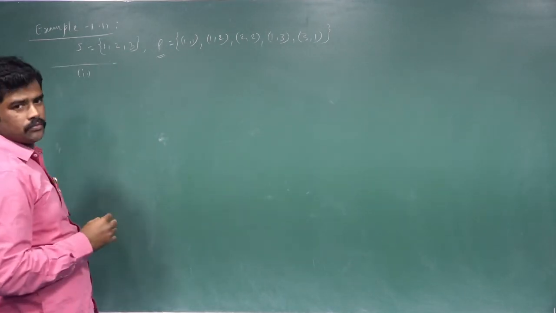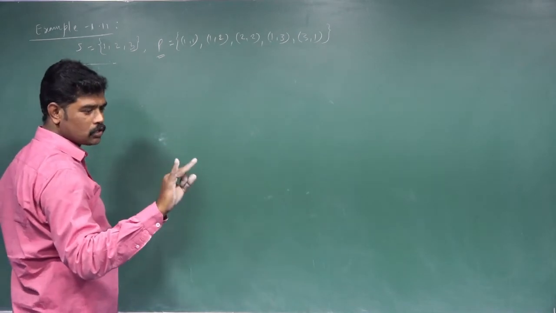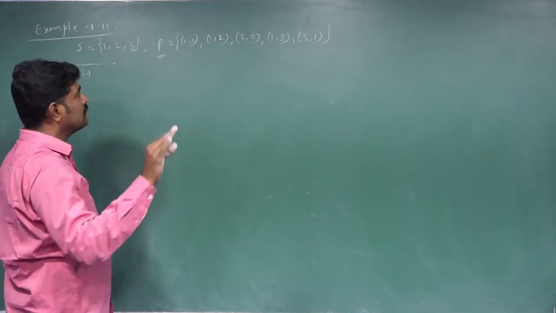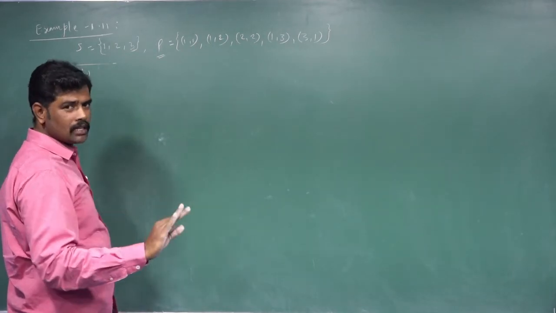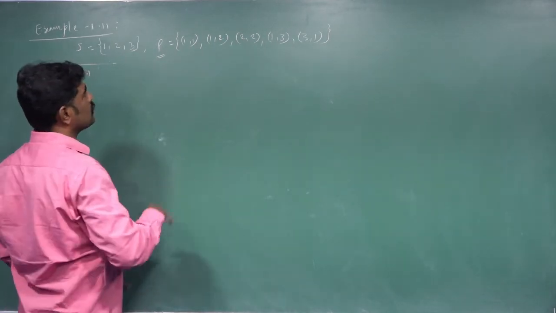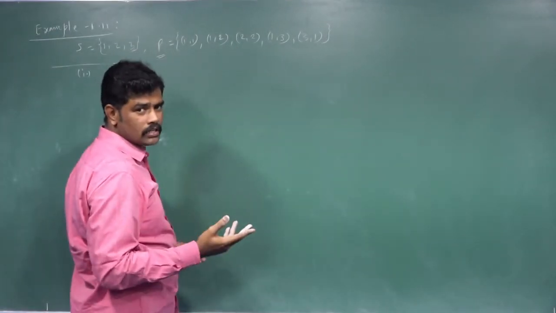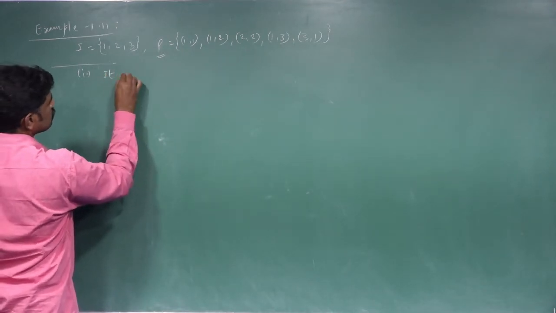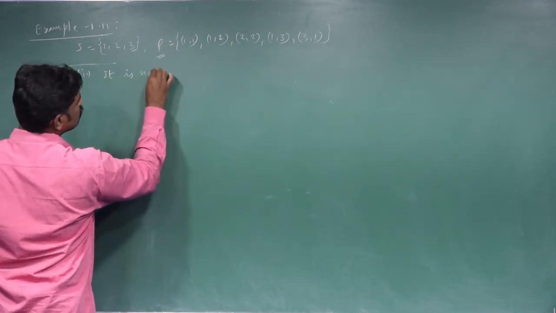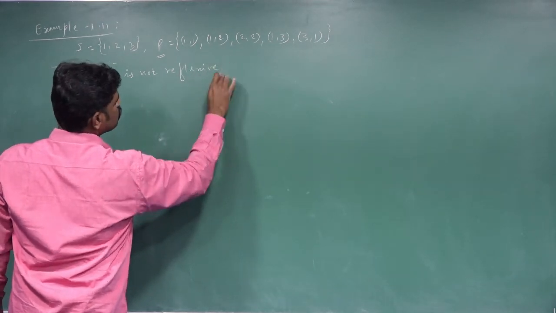First case, reflexive. S consists of the 3 elements 1, 2, 3. Then the relation should contain (1, 1), (2, 2), (3, 3); only then it is reflexive. Here (1, 1) and (2, 2) are present, but (3, 3) is not here. So it is not reflexive.